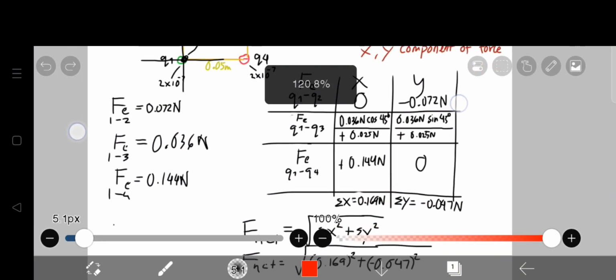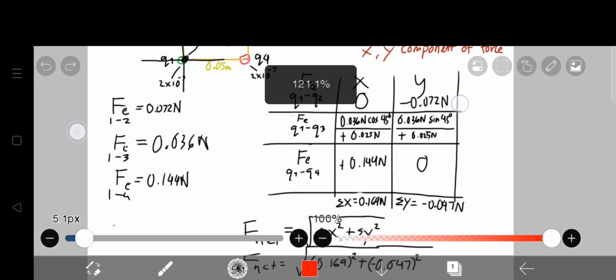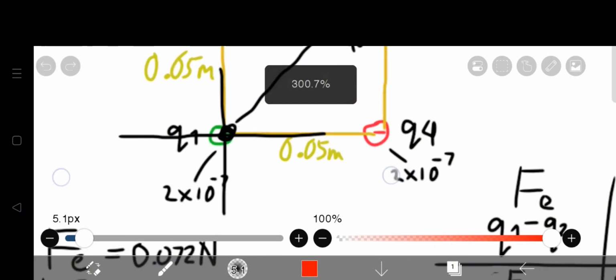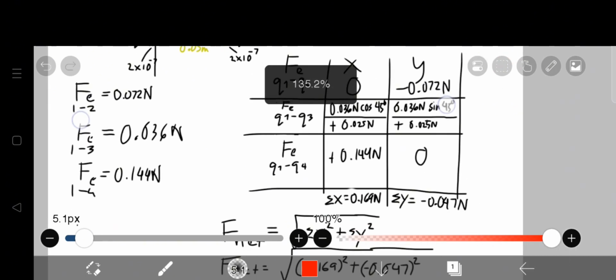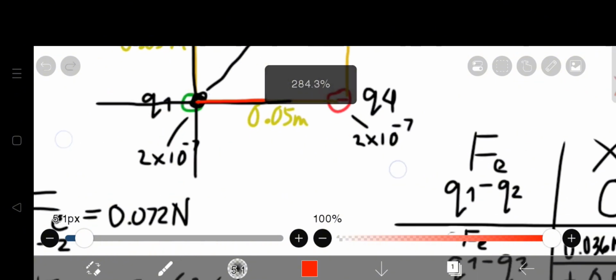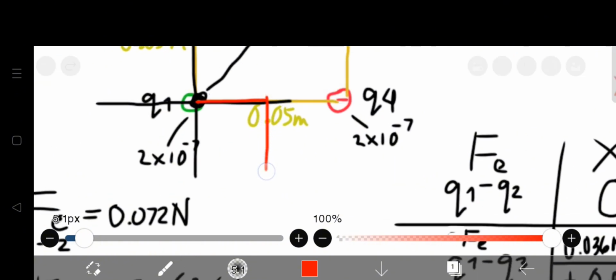So, sa x, positive 0.169 Newton siya. So, to the right siya. Ayan. And yung y naman natin, negative 0.047 Newton siya. So, pababa siya sa y direction. Now, this would be the net force. Ayan, as you can see, yan yung net force.